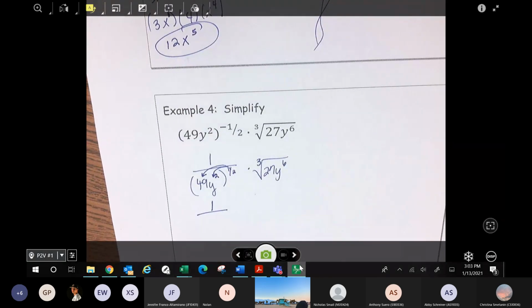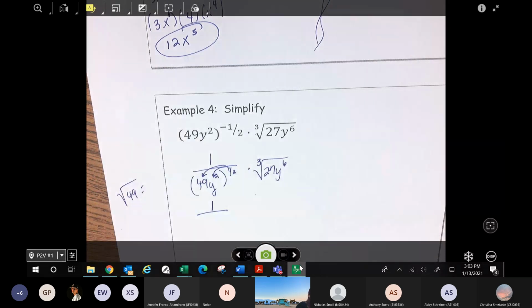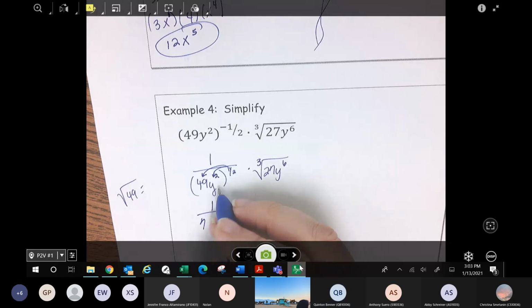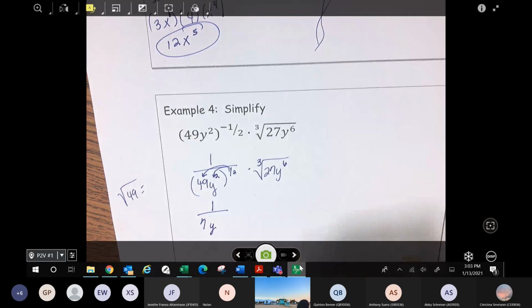Okay? So what is the square root of 49? 7. 7, good. And then you're going to take that y squared and multiply 2 times 1/2. 2 times 1/2 is really 1, so that's really y, or y to the first power.